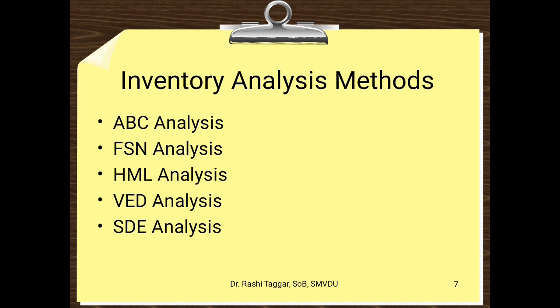Then we also have SOS, where there are two categories like seasonal or off-seasonal items. Then GOLF is also there, that is the source of supply of items is government, open market, local or foreign. So it depends upon the source of that material.